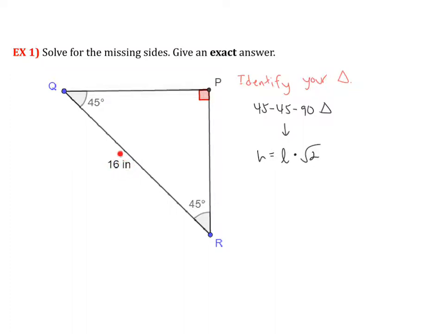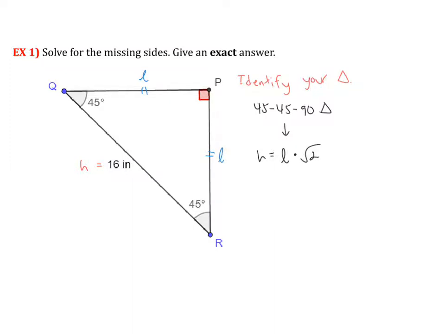I notice that this side, QR, is labeled as 16 inches. Is 16 going to be H or L? H stands for the hypotenuse, and if I look carefully, QR is the side across from the 90 degrees. So 16 inches must be my hypotenuse, that's H. So what I'm solving for are the two congruent sides, which are both L.